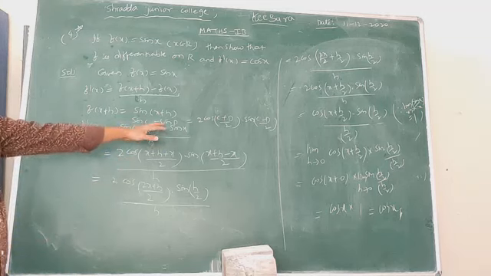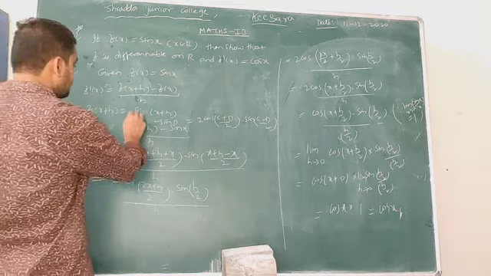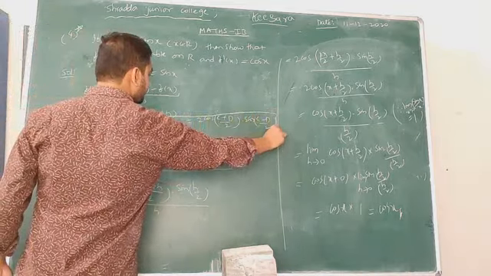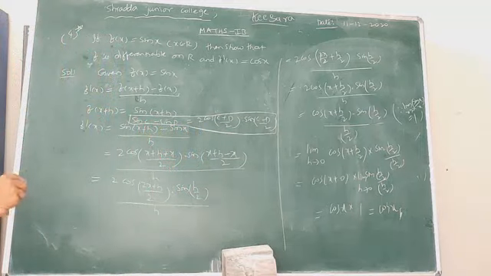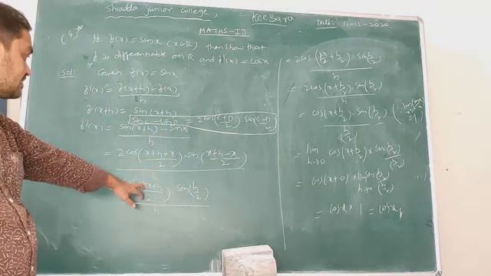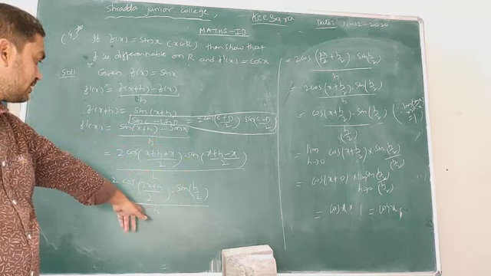This is which form? Sin C minus sin D. Sin C minus sin D, what is the formula? 2 cos of (C plus D) by 2 into sin of (C minus D) by 2, by h. So 2 into cos of (2x plus h) by 2 into sin h by 2 by h.